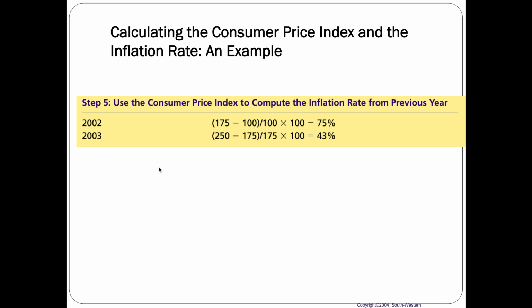Remember, that's the earlier year, divided by the earlier year of 2002, which was 175 times 100, and you can see the inflation rate was 43%. So there's some numbers there. Hopefully that might make things a little bit more concrete.